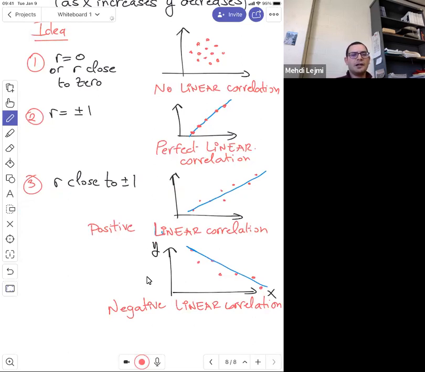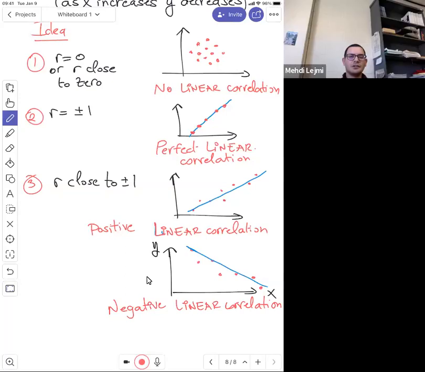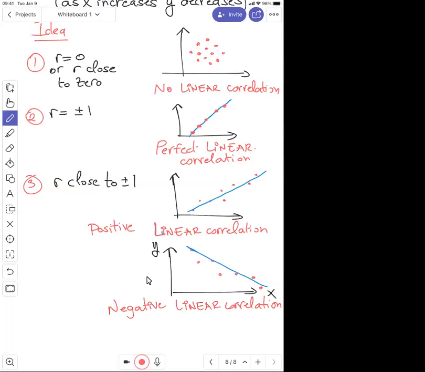But we're also going to use R to make sure that your graph is correct, that your R is going to be close to 1 or close to -1, and that you do have this linear correlation.